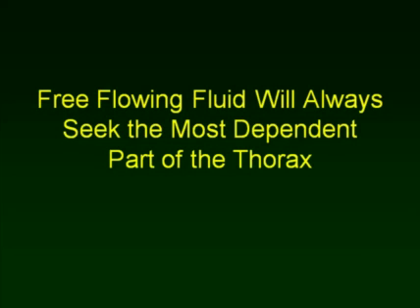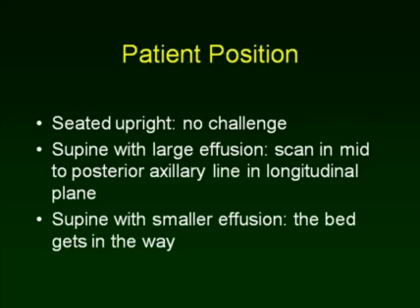Free-flowing fluid will always seek the most dependent part of the thorax. In the outpatient clinic or out on the floors in the hospital, patients, when they have thoracenteses, are seated upright, and there's no challenge in finding the effusion. The scan is done over the posterior back, the diaphragm is identified, et cetera, no big deal.